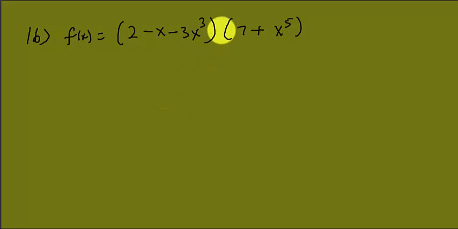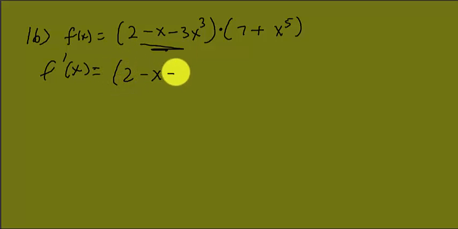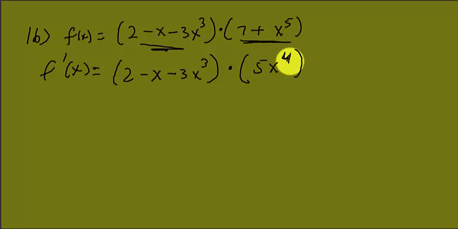So since this is a times here, we can use a product rule. So derivative of this would be first, which is 2 minus x minus 3x to the third, times the derivative of the second, which is just 5x to the fourth, because the derivative of the 7 is just 0. And then you have a plus second, which is 7 plus x to the fifth.